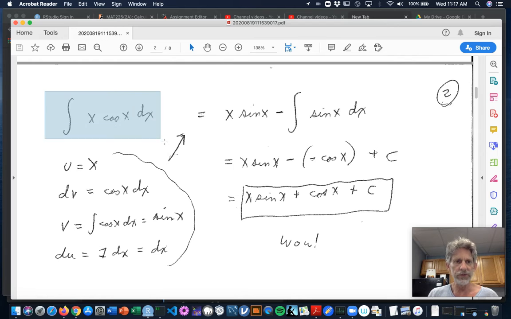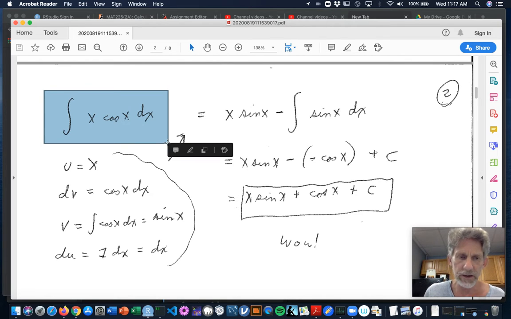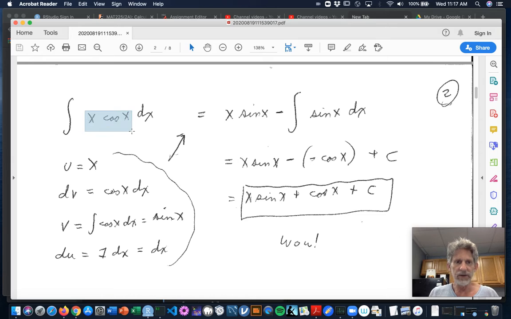Suppose you needed to find the indefinite integral of x times cosine of x. The big challenge is just to find one antiderivative. The problem is this is a product, but there's no product rule for antiderivatives. There's a product rule for derivatives, but not for antiderivatives. So you can't just leap in and say, oh, it must be x squared over 2 times sine of x, just taking the antiderivative of the x and the antiderivative of the cosine x.